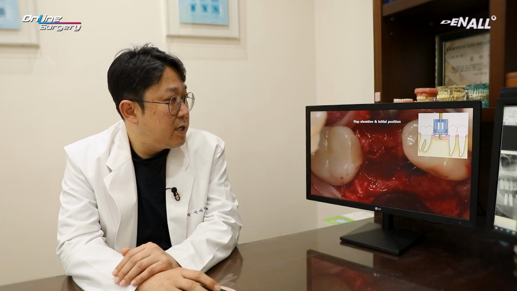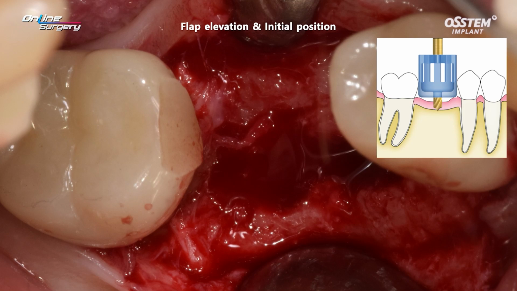Implant positioning. If you have a guide, you can use the designed guide during the surgery. But if you do not have a surgical guide, you can connect a bush for positioning, and you can estimate the form of the future crown. And then you can estimate the horizontal implant positioning.